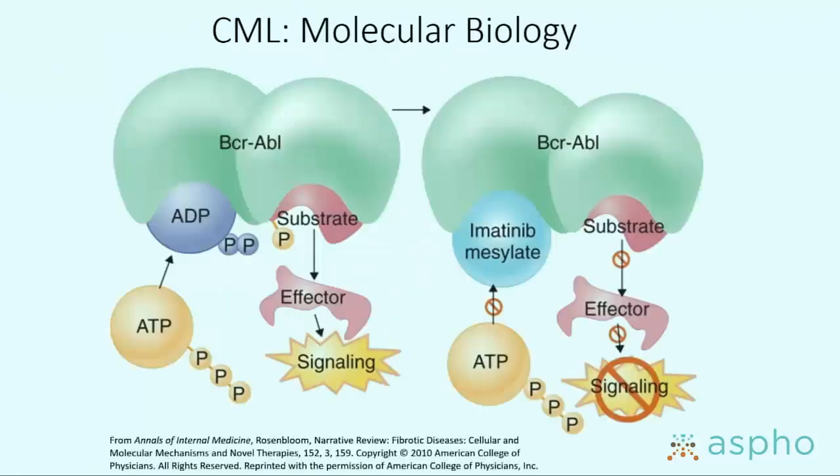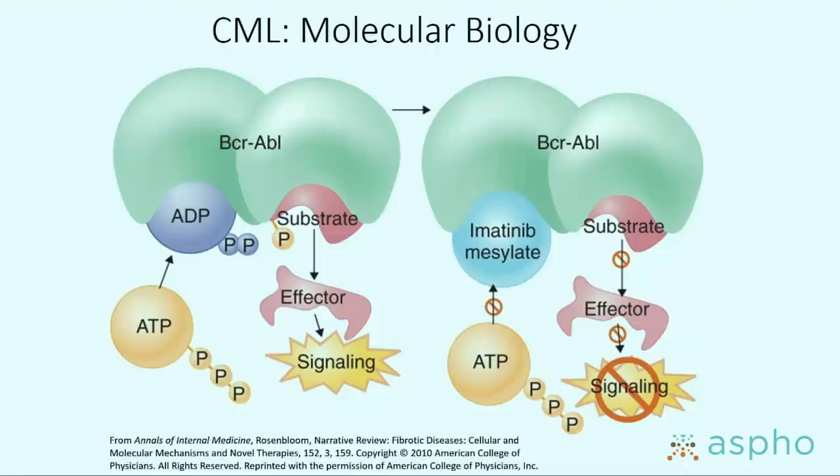All right, so the molecular biology, I hope this is a review. BCR and ABL are fused. ABL is a kinase. When the ABL kinase gets aberrantly fused to the BCR gene, it makes the kinase unregulated. It no longer responds to its ligand to go on and off. It's just on all the time, and that drives downstream signaling.